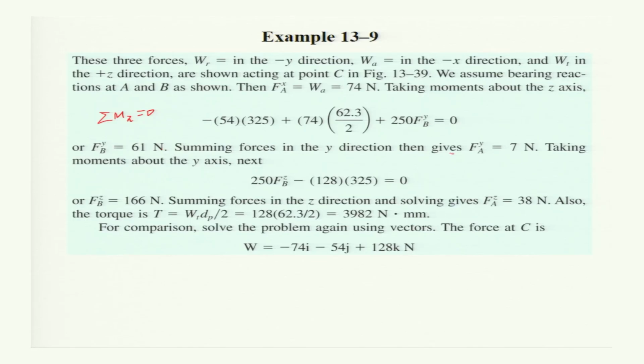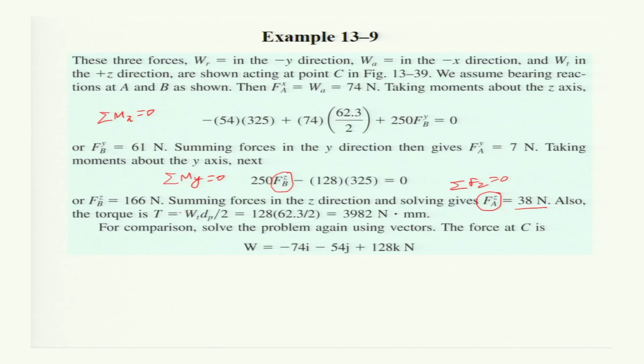Now, summing the forces along y gives us Fay. Taking the moment about the y axis, that is, summation of moments about y equal to 0, gives us the value of Fbz. Summing forces in the z direction, that means the summation of all forces in the z direction equal to 0, gives us Faz equal to 38 Newton.